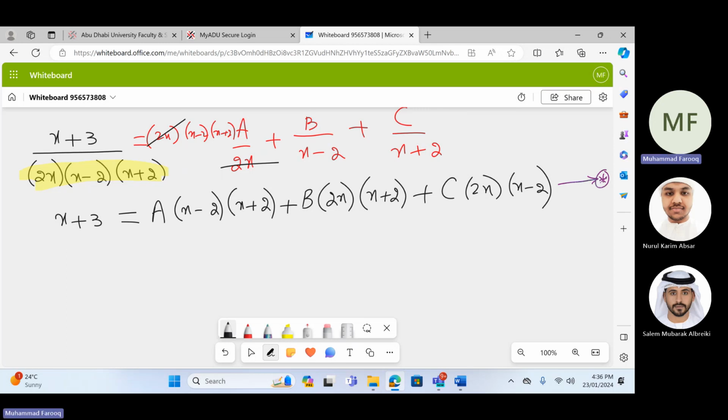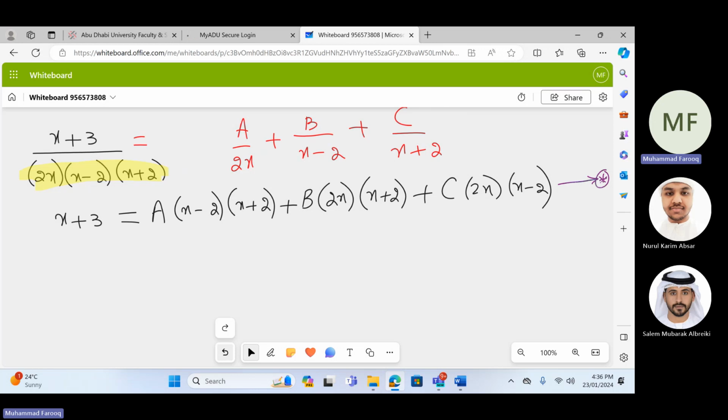Okay, now, next step. As we have the simplified form, from each denominator we get the x value and put it in the star.